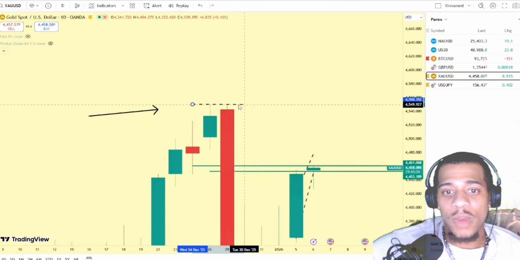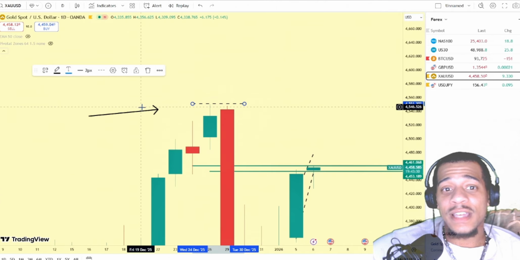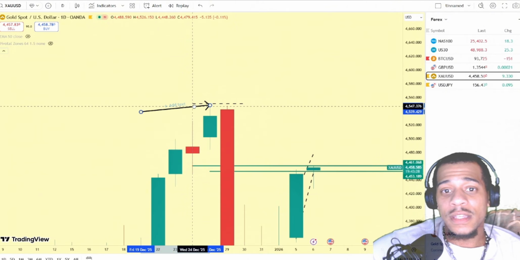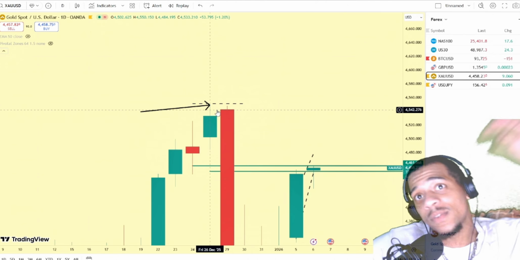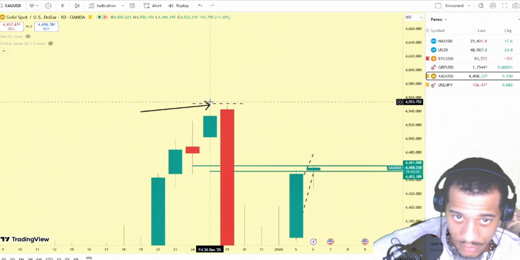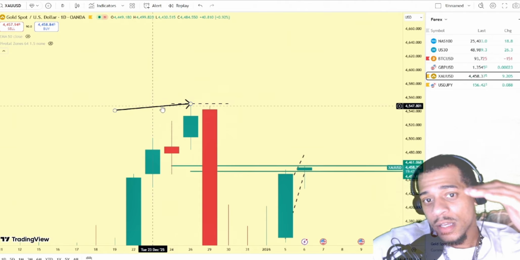It's saying during this day, this is the highest. This point at the top of the wick is the highest price went that day.